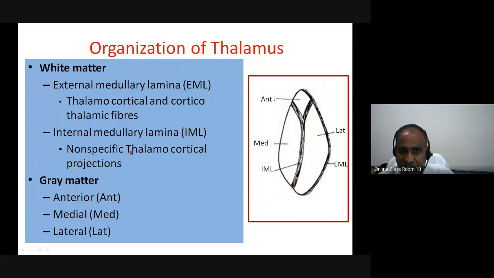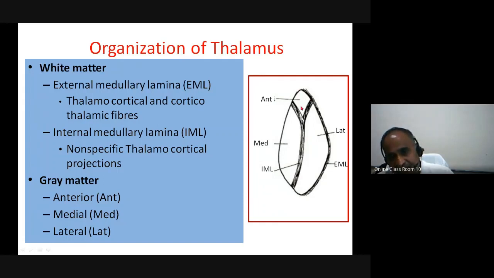This is the internal medullary lamina. So you make this oval structure, and in this structure you have this Y. That is the internal medullary lamina, and the other thalamus is also like this. Now this is the medial part, this is the anterior part, and this is the lateral part.